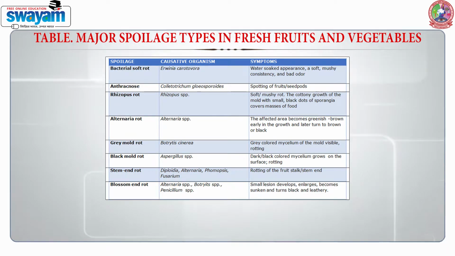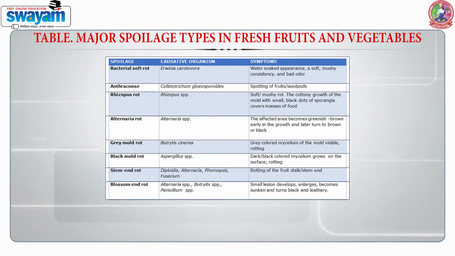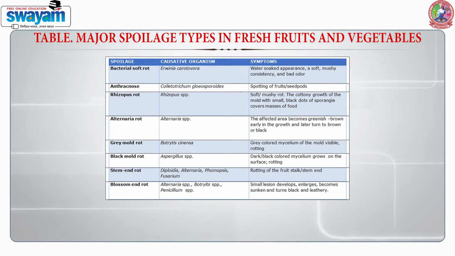Another rot is blossom end rot, which is also caused by Alternaria and Penicillium species, and the physical appearance is small lesions which gradually enlarge, become sunken, and turn black and leathery.